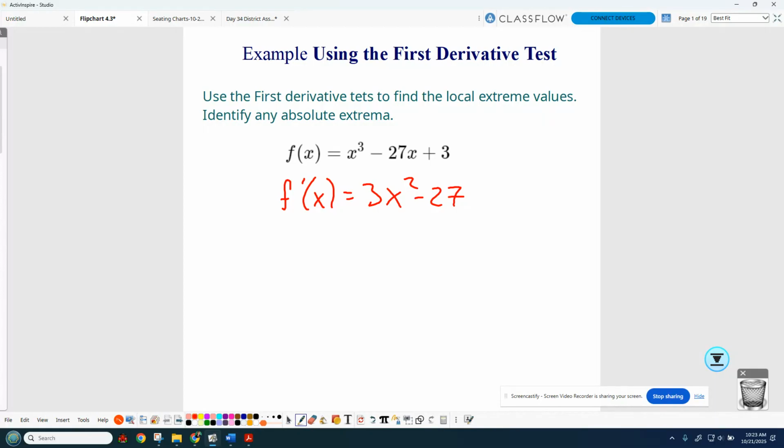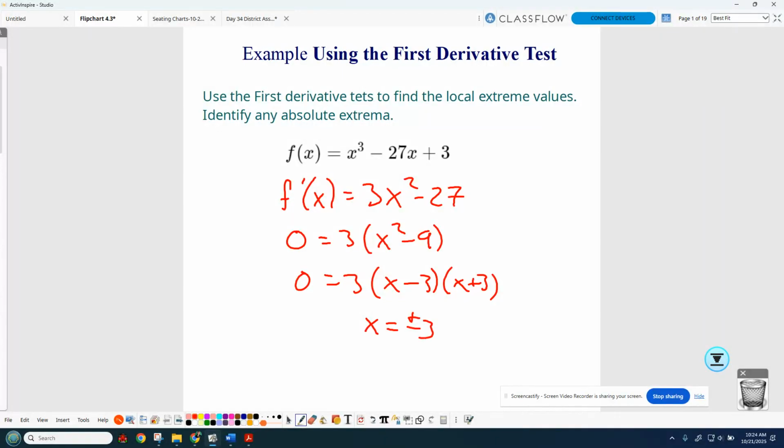And then to find extrema, I need to identify maxes and mins. So I do the first derivative and find critical points. Critical points are where it's undefined. Where is it undefined? Nowhere. Okay, where is it 0? At 3 and -3.